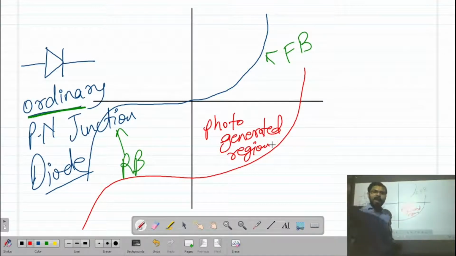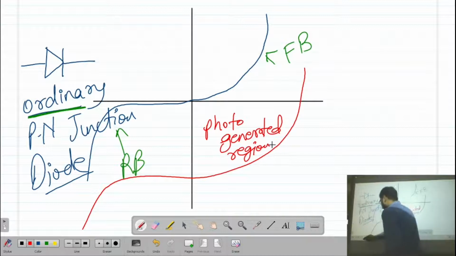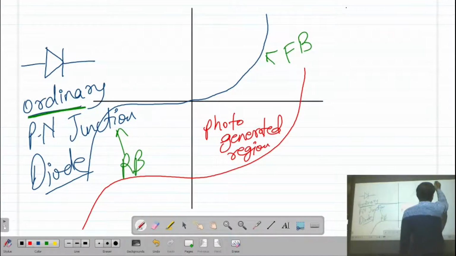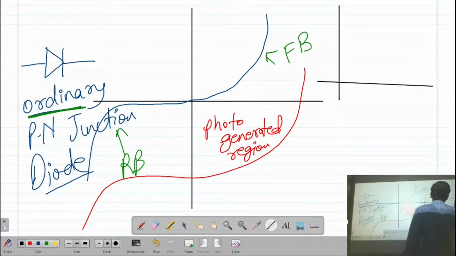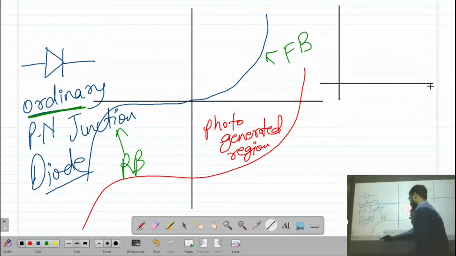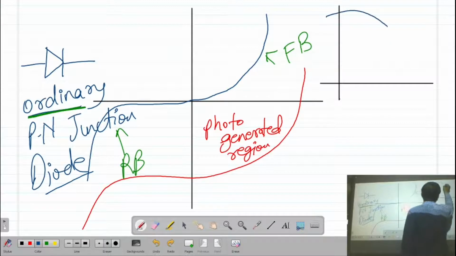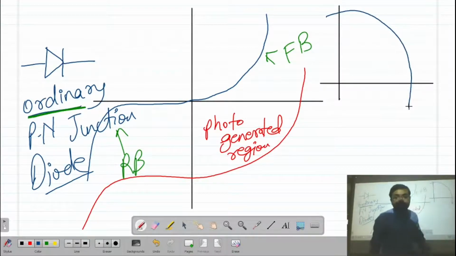Now you may have come across cases where we are just considering this part of the IV.